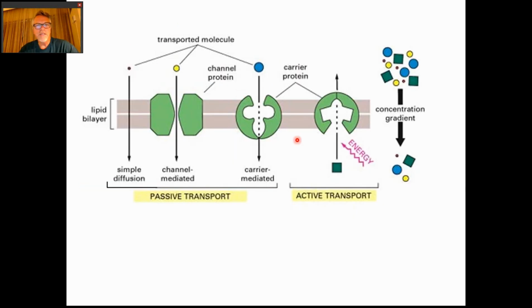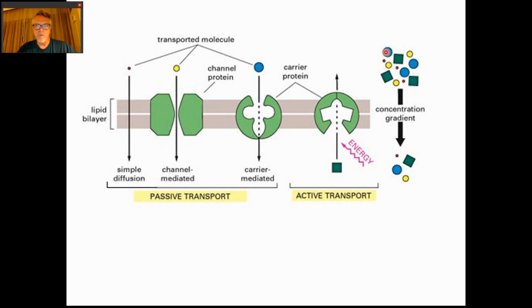So here's a quick summary diagram, which you also have in your notes. You may see this diagram again, so I want to make sure we walk through it quickly. Here is our lipid bilayer. Those are the two gray bars. And we have a bunch of different transport processes diagrammed in this image. So we have a bunch of different kinds of molecules that we can talk about being transported.